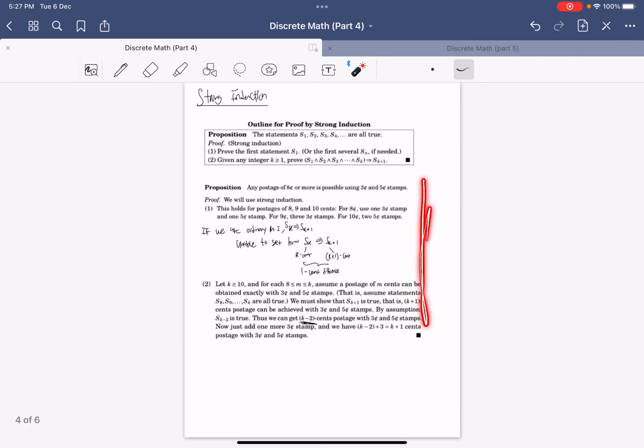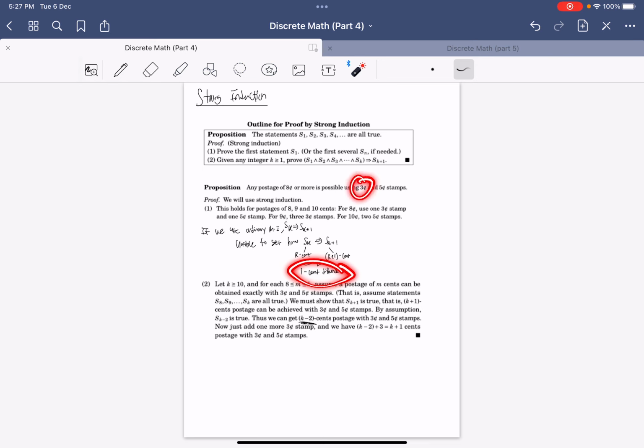This shows you why sometimes the Sk case might not be enough. Because if you want to use the ordinary induction, you are unable to get how k cents can help you get k plus 1 cents, since there's a 1 cent difference and you only have a 3 cent or 5 cent stamp. And so you can go back 3 cases earlier.